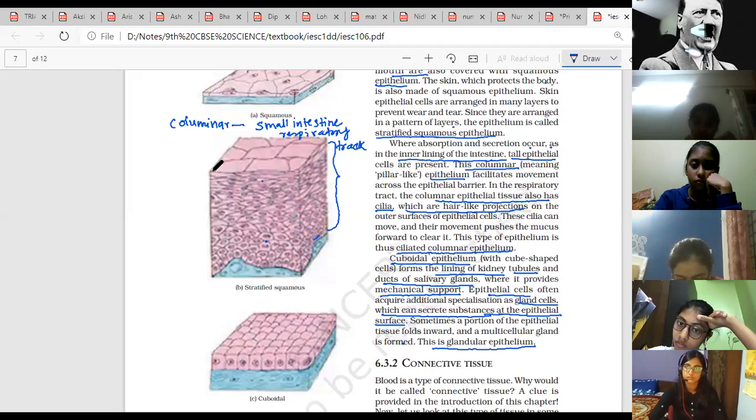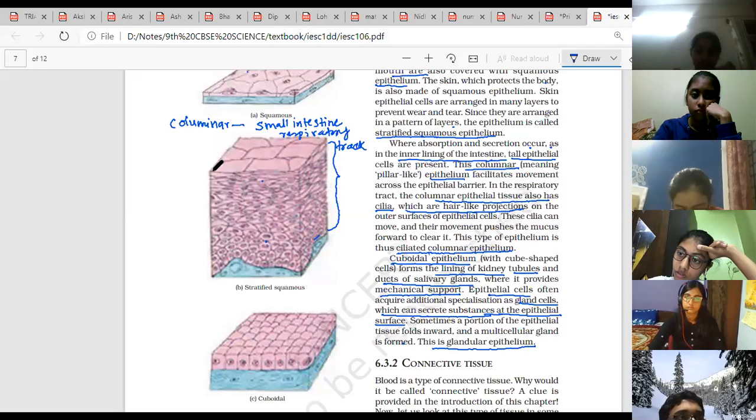Nitrogenous waste is collected from every cell and transported to the kidneys for excretion. The small intestine digests the food, and that food has to be transported to each and every cell. Blood does that function.